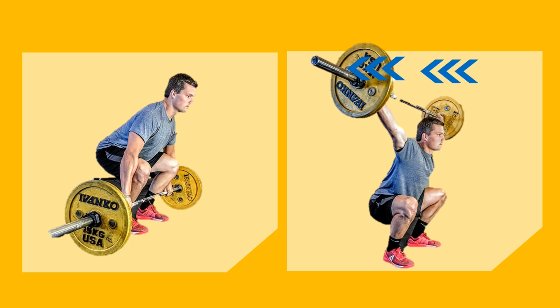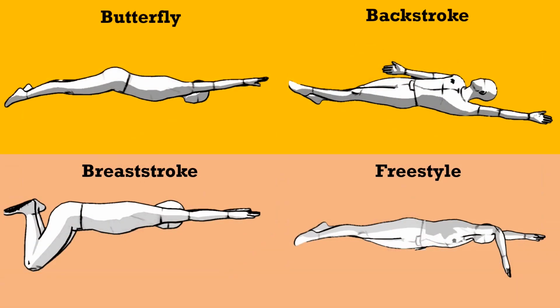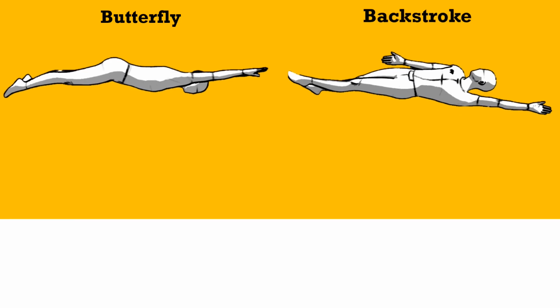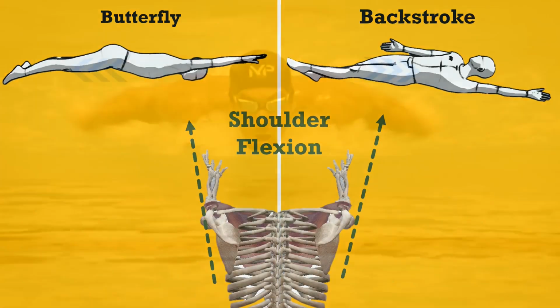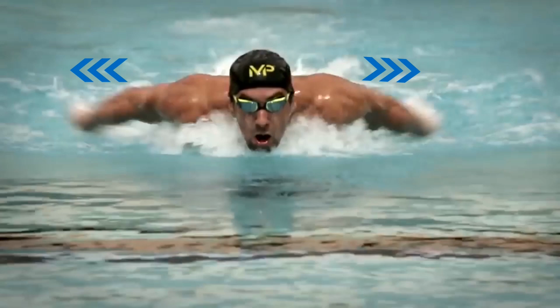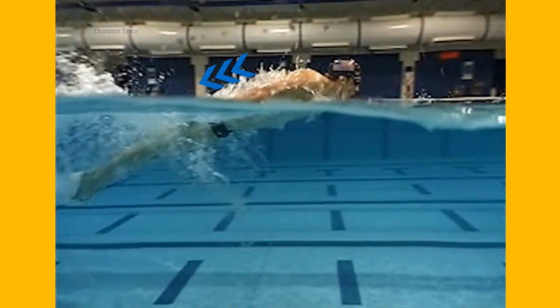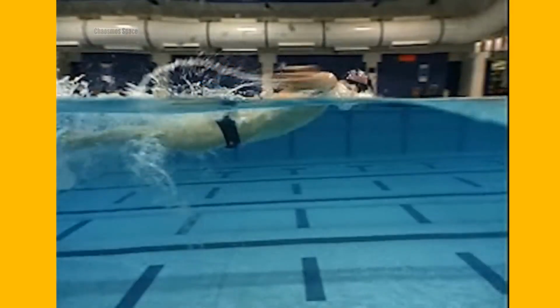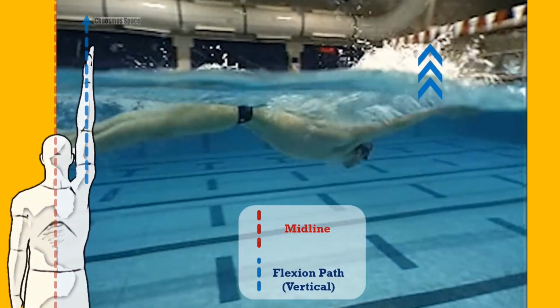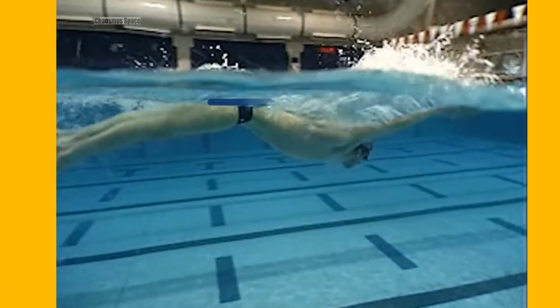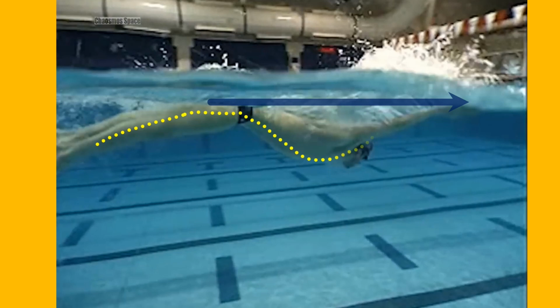This is an important concept when it comes to understanding the extension phase of all four strokes. Let's explore the shoulder flexion group. The arms recover to the side for the butterfly stroke, but as they move overhead, the arms end up reaching behind the head. This is done to keep the momentum forward while undulation takes place.